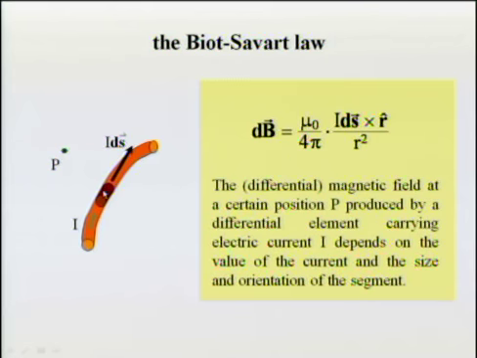So if I mark current flowing upward here, then vector ds should also be upward. Now I have to multiply the product of current and segment vector using the vector product with a unit vector from the segment toward the considered point.